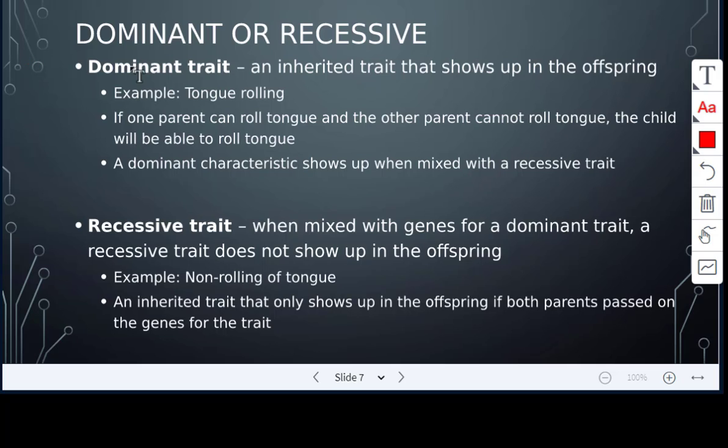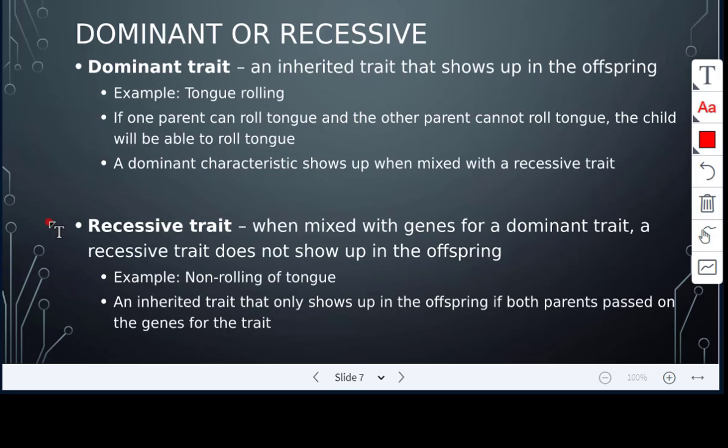If one parent is able to roll their tongue and the other parent is not able to roll their tongue, the child will be able to roll their tongue, because it's a dominant trait. It will show up when mixed with a recessive trait. In that tongue rolling example, the non-rolling of the tongue would be a recessive trait.